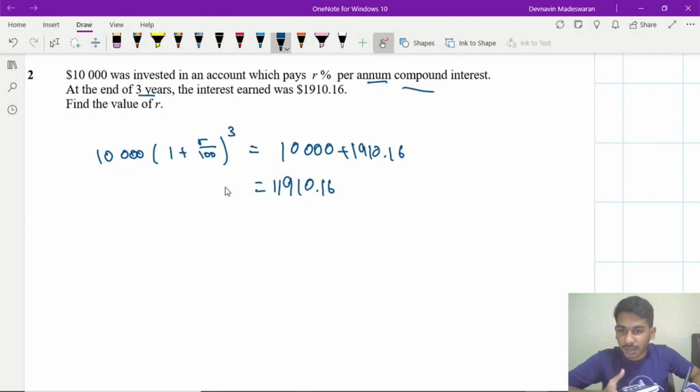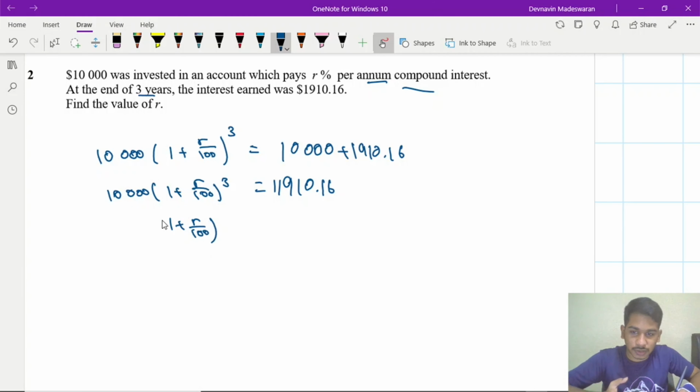And then we have 10,000 times 1 plus R over 100 cubed is that. So we need to make R the subject of the formula. For that, we need to divide both sides by 10,000. So 1 plus R over 100 cubed is going to be this thing divided by 10,000. That's going to give me 1.191016.